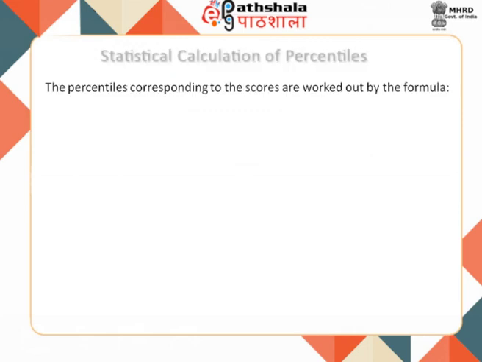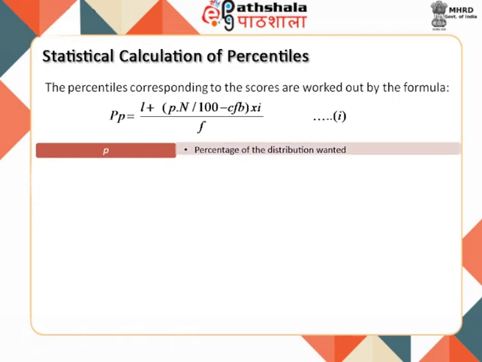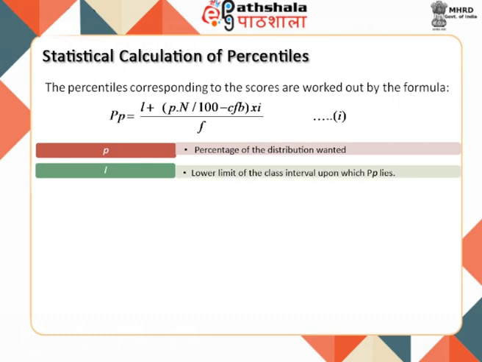The percentiles, also called percentile points, corresponding to the scores, are worked out by the formula where P is the percentage of the distribution wanted. Example: 20%, 33%, 69%, etc. L is the exact lower limit of the class interval upon which the percentile point lies.